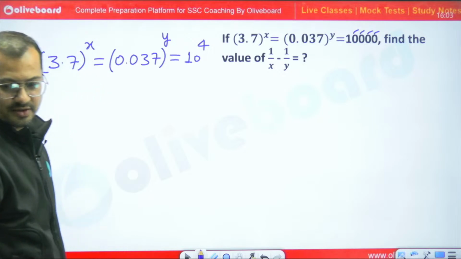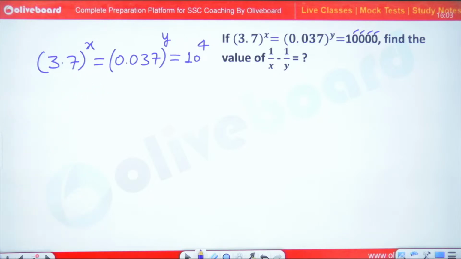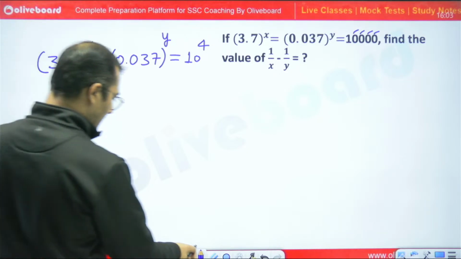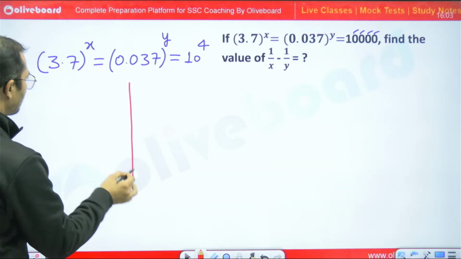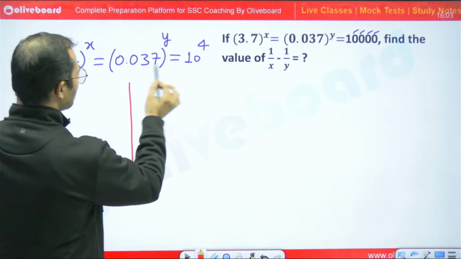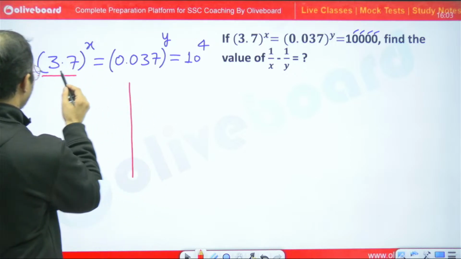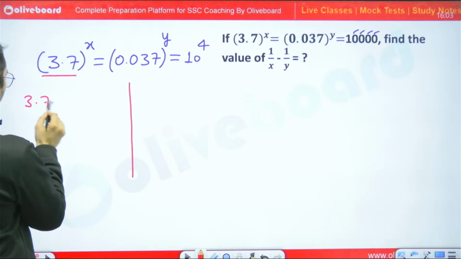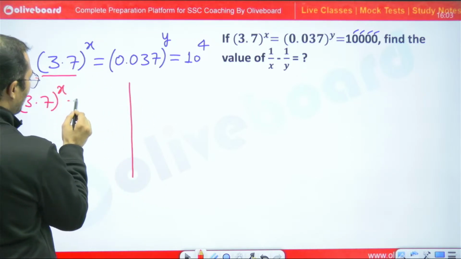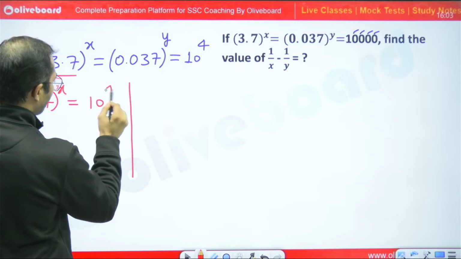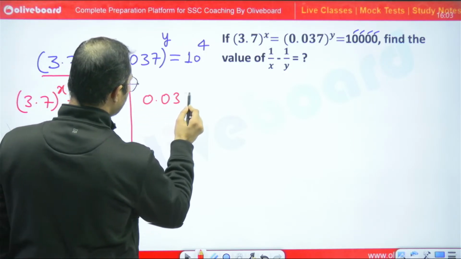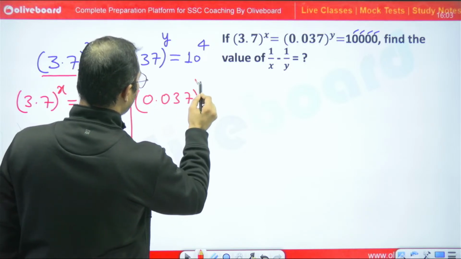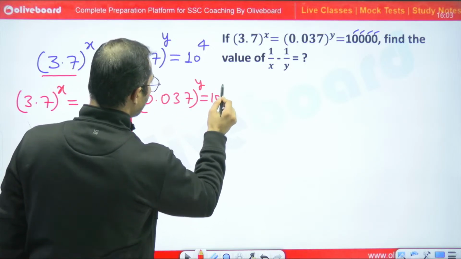I hope there is no problem in this. Now we can say that this portion is equal to this, is equal to this. So we can take 3.7 to the power x is equal to 10 to the power 4, and 0.037 to the power y is equal to 10 to the power 4.